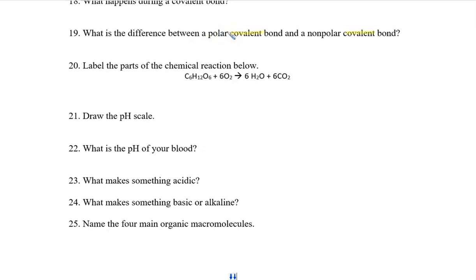Poles means like opposite things. So a polar covalent is still sharing, but it's an unequal sharing. What happens is one atom becomes positive and one becomes negative. So we say that it has poles.